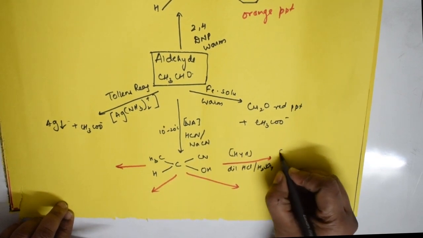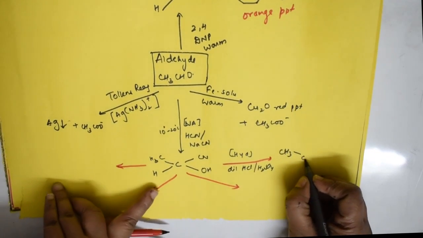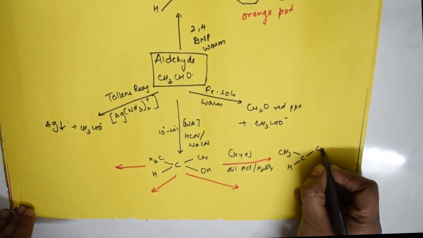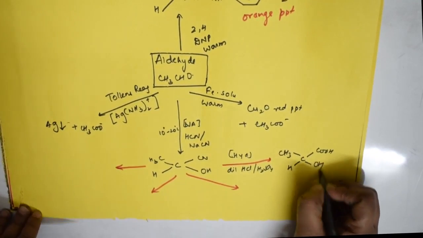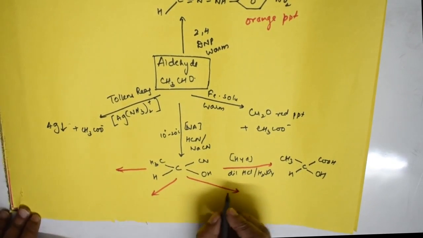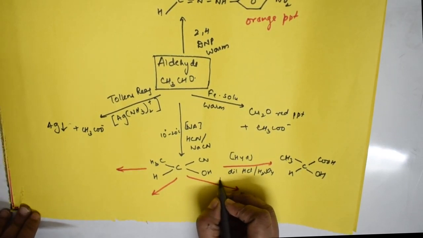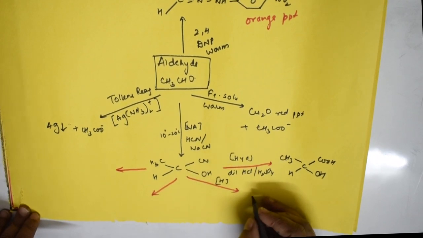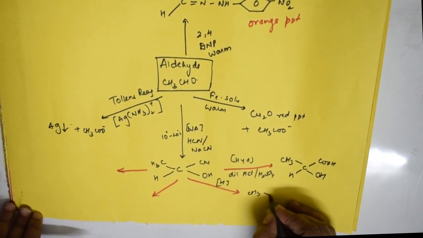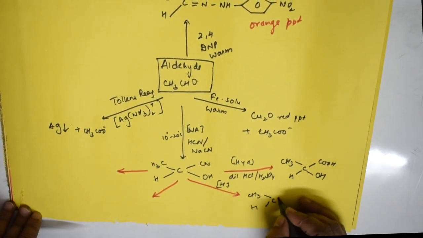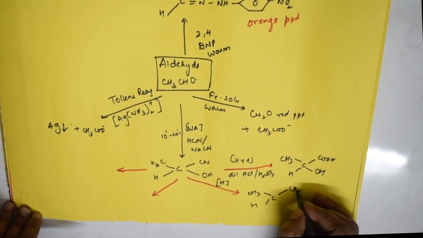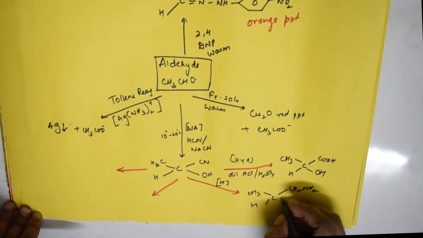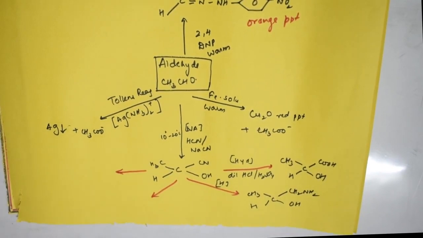Now what product do you get? CH3, CH, COOH and OH. Suppose you perform a reduction process, one hydrogen is added here and one more here, giving CH3, CH, CH2, NH2, OH. This is fine, right?